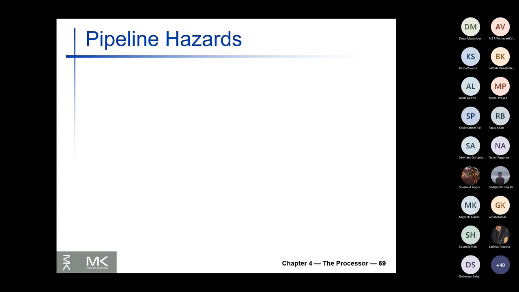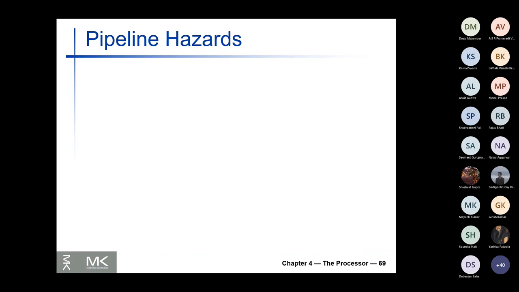Control hazards, you said. What does it mean? That you have some branch instructions, and suppose there is another instruction which follows the branch, which normally enters the pipeline, but that successor instruction may or may not be executed. It depends on the decision taken by the branch instruction, right? And the decision may be still awaited because the next instruction enters the pipeline just after one clock cycle.